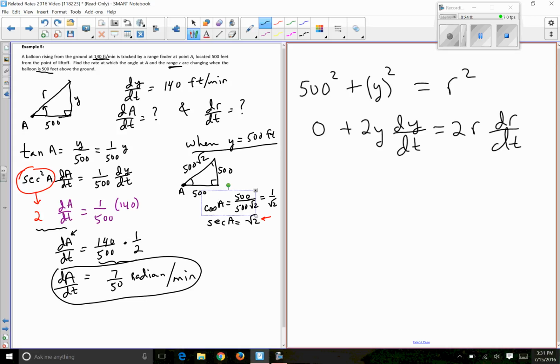So we're trying to find dr dt when y is 500 feet. And we know that dy dt is 140. And we also know that when y is 500 feet, r is 500 radical 2.